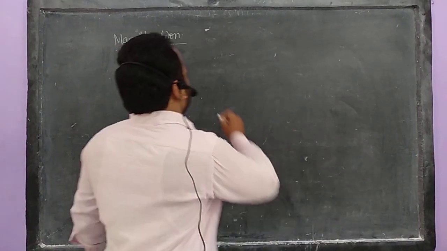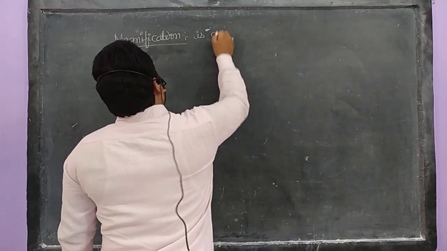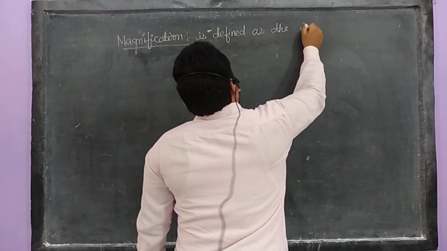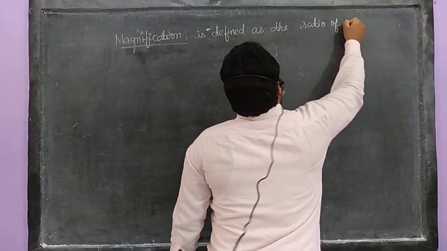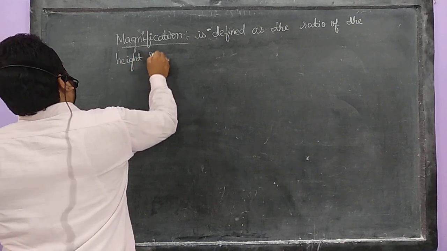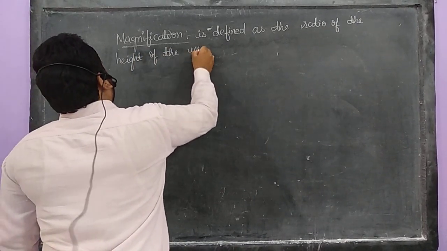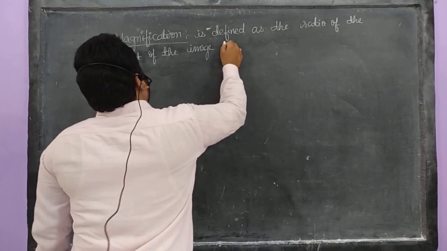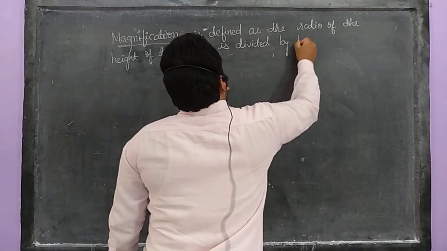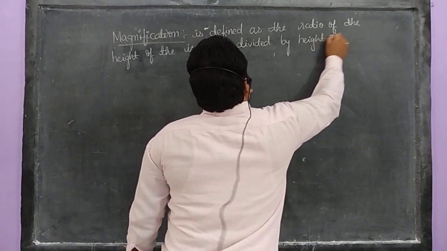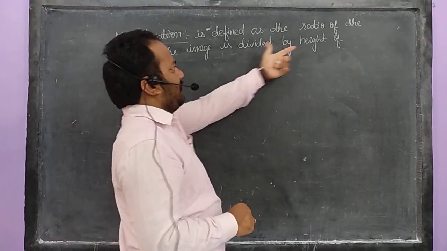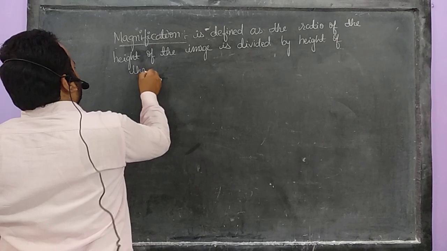First of all, I will write the definition. Magnification is defined as the ratio of the height of the image to the height of the object. We take the height of the image and divide it by the height of the object.